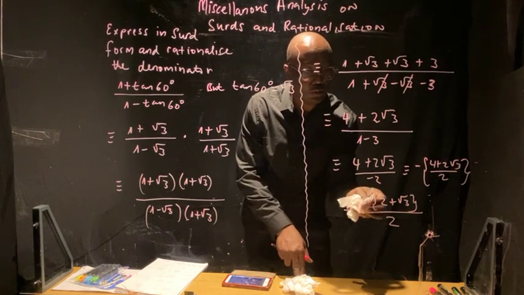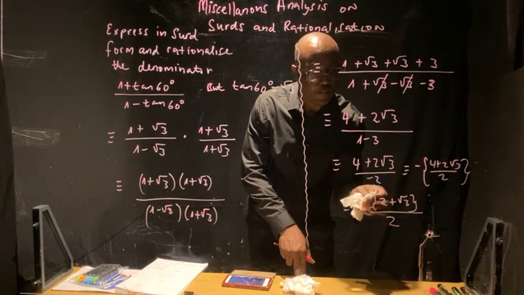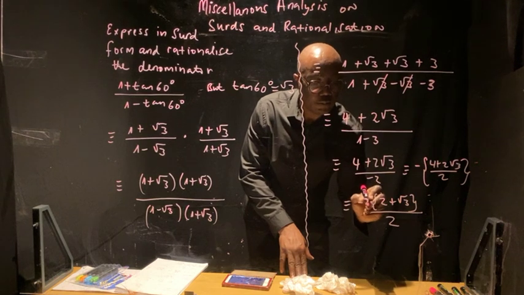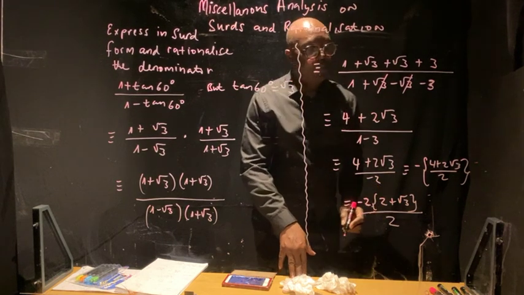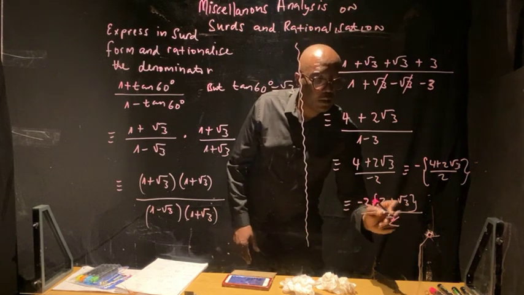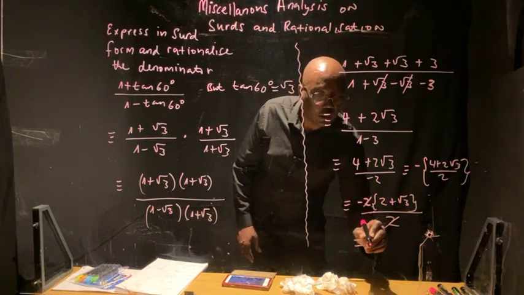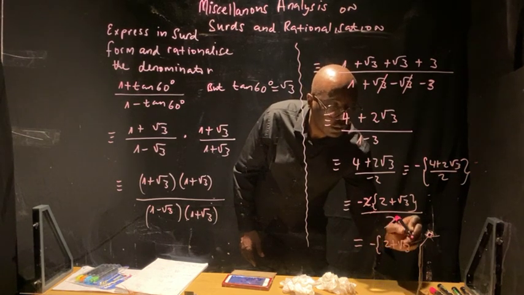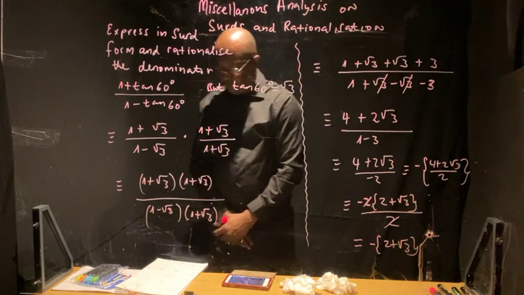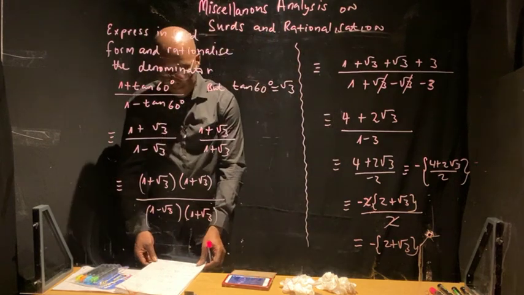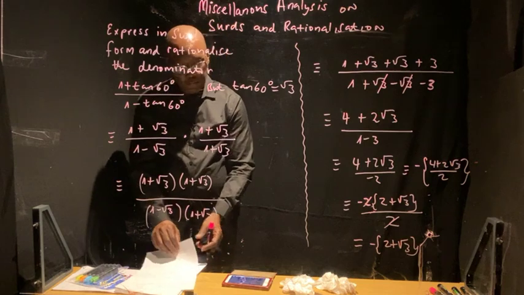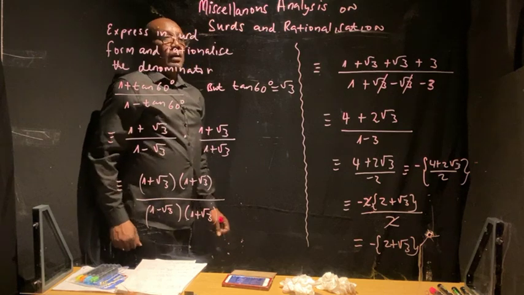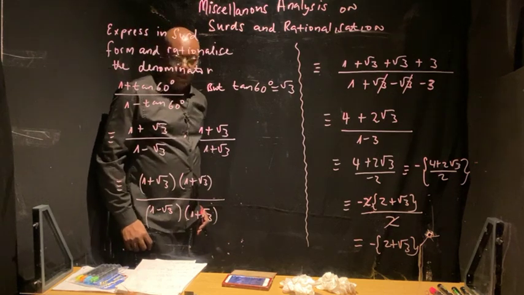Let's make it beautiful. We don't want to do clumsy work. This one cancels this one. Then we are left with minus 2 plus root 3. This should be the final answer. Take your time to copy it, and then we continue. This is beautiful work.